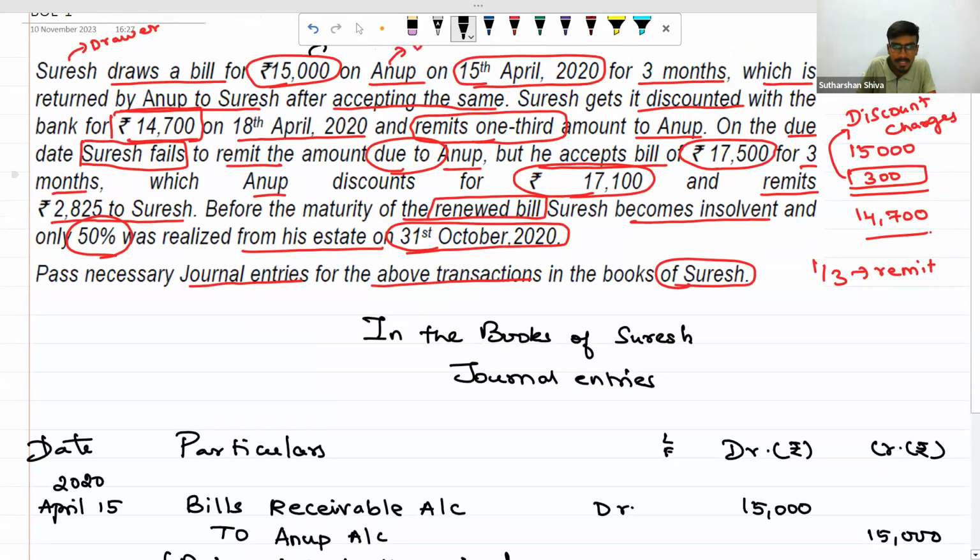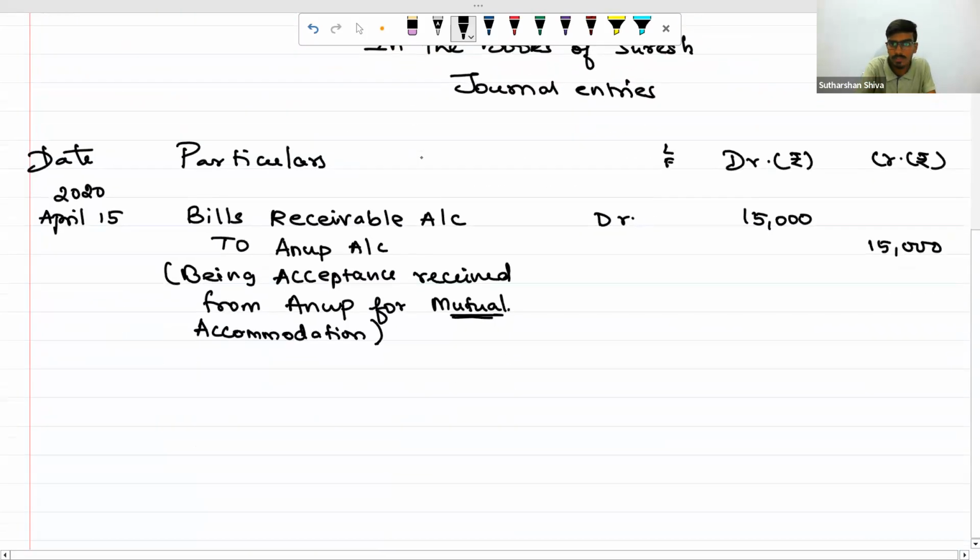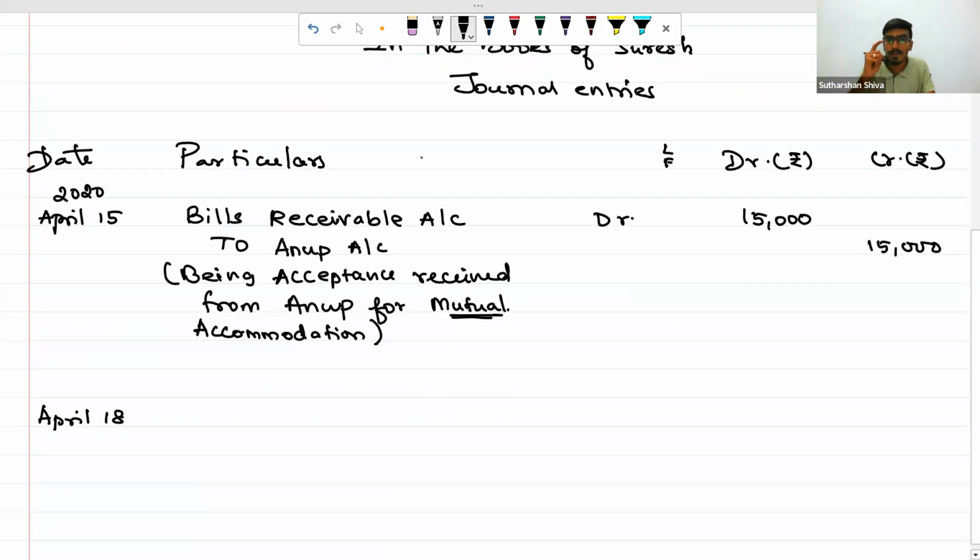What he does in the next step, on 18th April, is discounting with the bank. Who is discounting? Suresh is discounting. So you are going to pass a journal entry on April 18. If I am going to get a discount, my bills receivable will cancel off. Correct? I will write To bills receivable 15,000 on the credit side. Now, instead of the bill I am holding, I am going to get cash in my bank account.